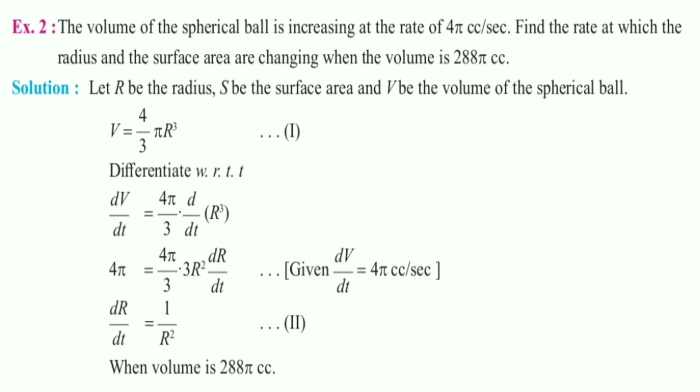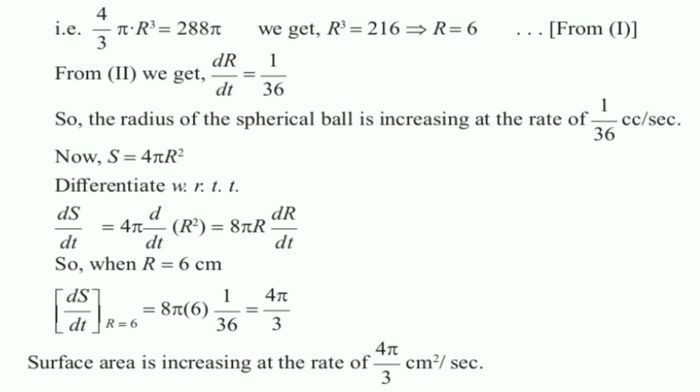After solving, we get dr upon dt equals 1 upon r square. This is equation 2. When volume is 288 pi cc, that is 4 upon 3 pi r cube equal to 288 pi, we get r cube equals 216, that is r equals 6.